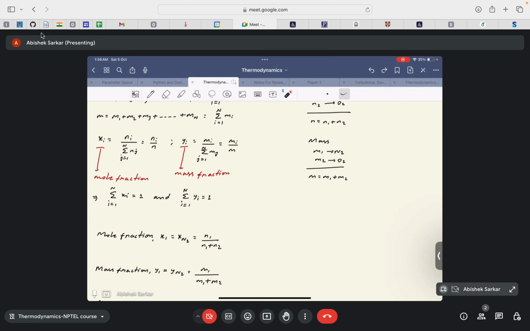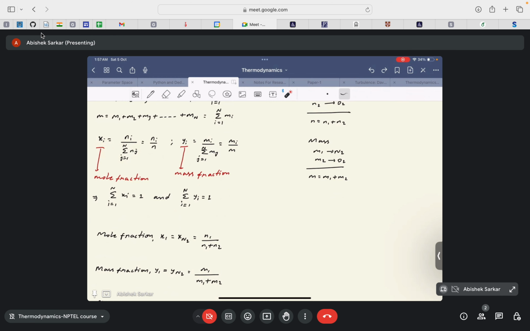So it can be written as xi, the mole fraction for a particular gas denoted by the index i, where xi will be given by ni over the summation of nj, where j varies from 1 to n. This will basically be equal to n, so we can write xi is equal to ni by n.